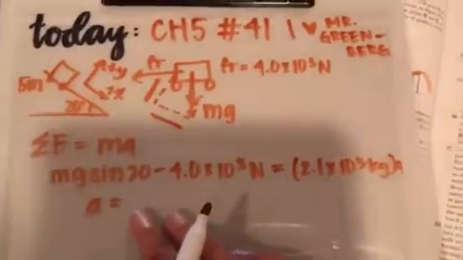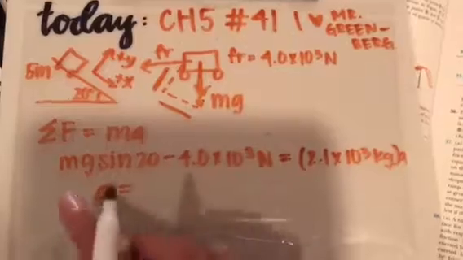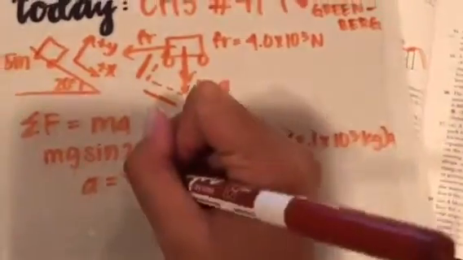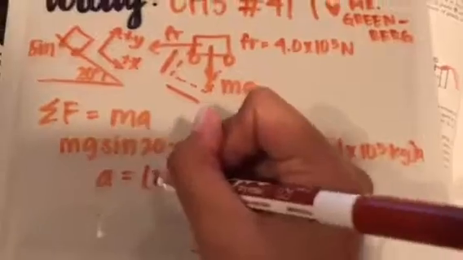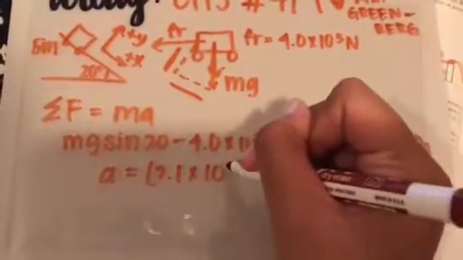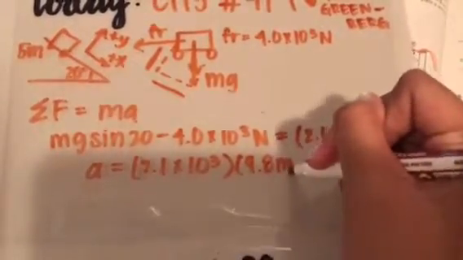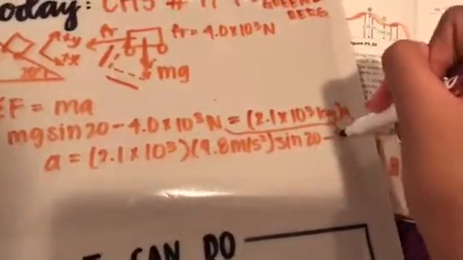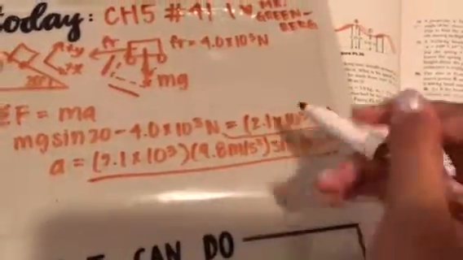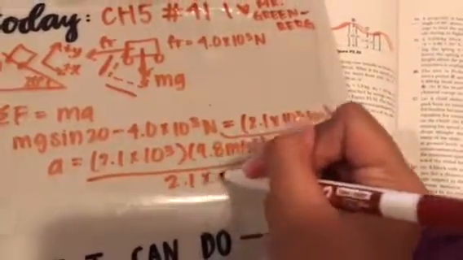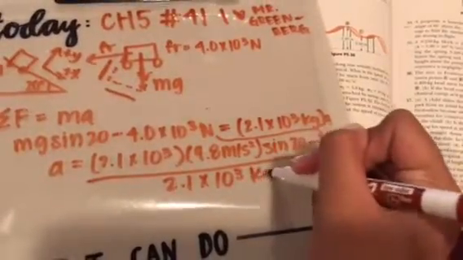Going on where we left off, we can simplify this equation to say acceleration equals our mg, which is 2.1 times 10 to the third times gravity, 9.8 meters per second squared, sine 20, minus our 4.0 times 10 to the third newtons, and I have no room to write that, so I'm just going to draw an arrow there, and we can put that all over 2.1 times 10 to the third kilograms.